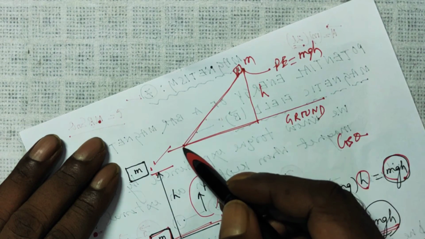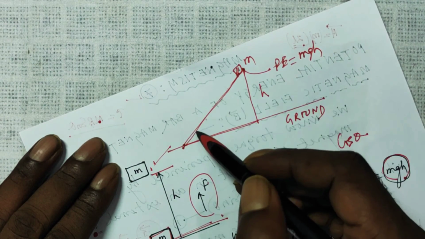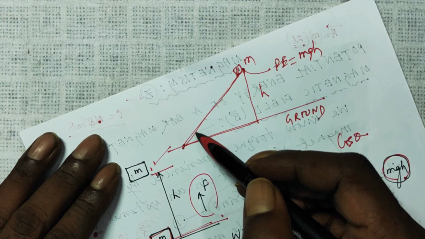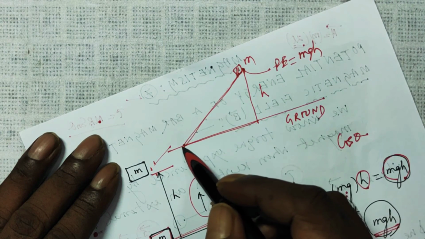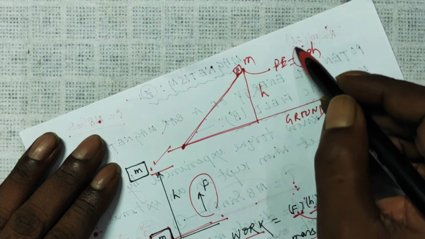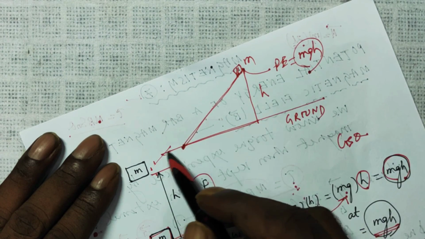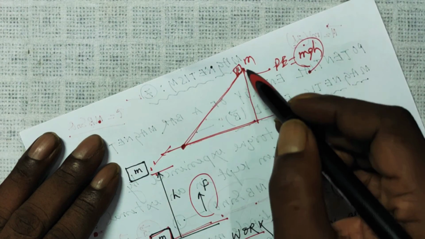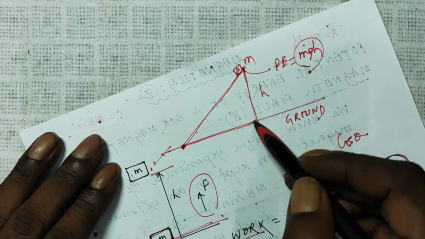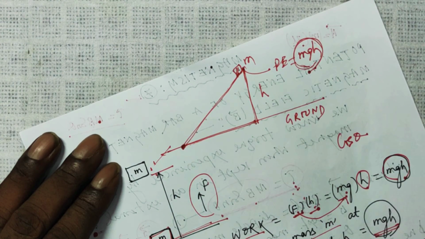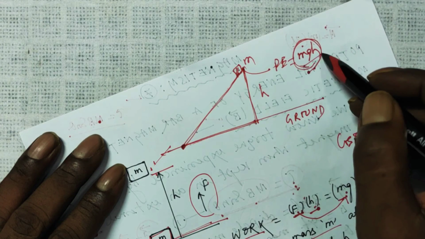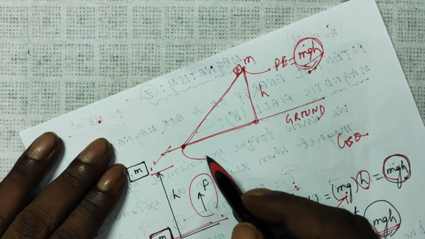If this slides and there is no friction, there will be no loss of energy. So when this arrives here, the potential energy at this level becomes 0, because here h is 0. But according to conservation of energy, this energy will be converted to kinetic energy here.